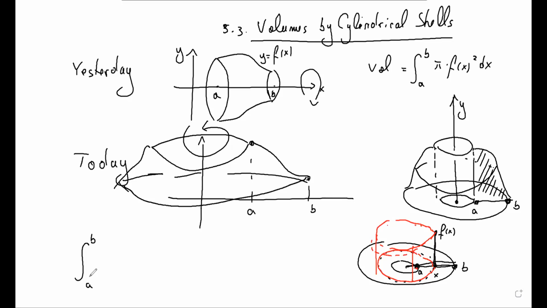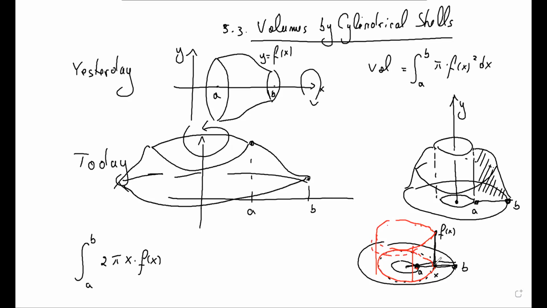And if you calculate the area of the cylindrical shell here, that area is 2 pi x. So that's the circumference of the base circle, times f of x.